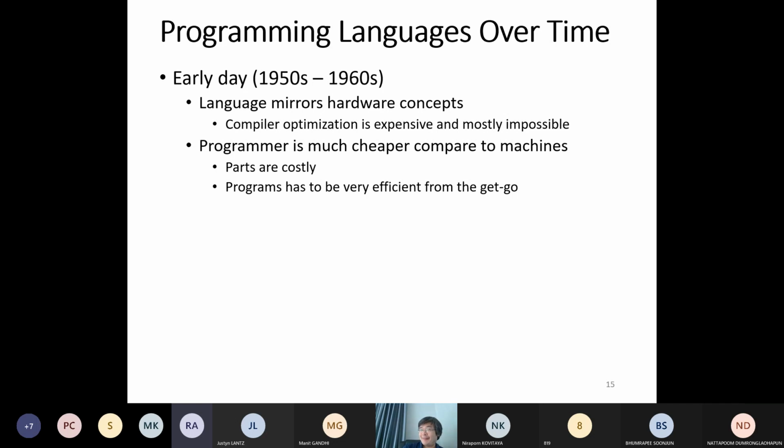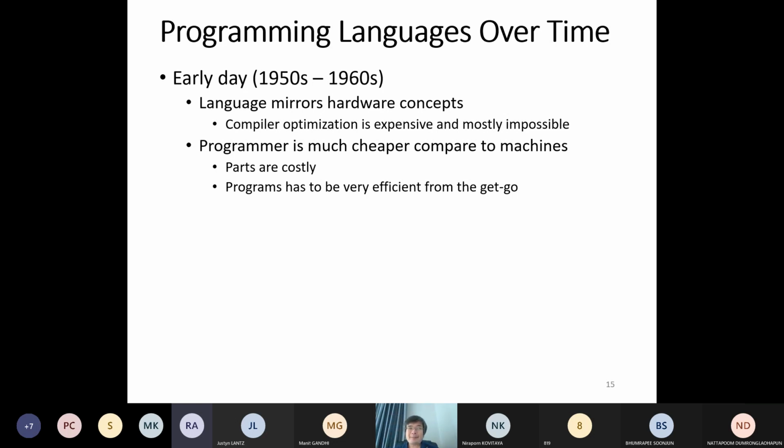Why is that the case? The machines that you see in the movie or in the museum, those are super expensive. Think of, say, quantum computers right now, right? They are super expensive. It's not easy to program. So you can hire tons and tons of programmers because they're cheaper than a machine, right?